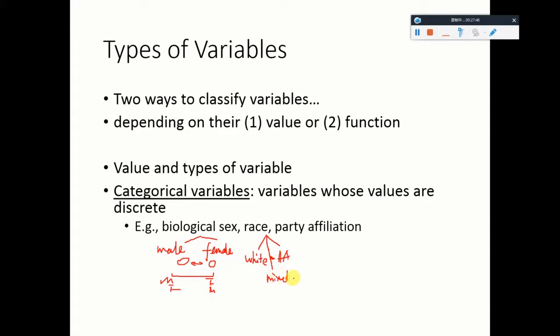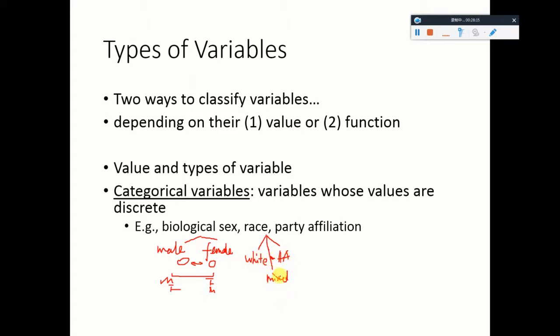Once this child is born, there's no way, genetically speaking, under the current state of science, that you can naturally move from a mixed race person into a Caucasian person or into an African American person, despite having one parent from this category and the other parent from that category.